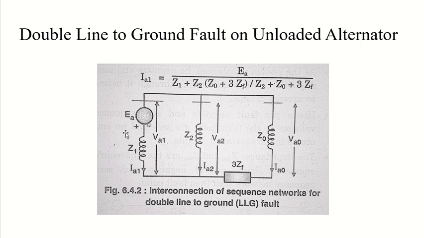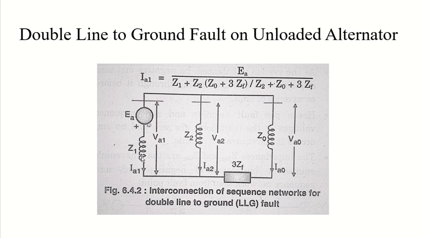You can see we can write the equation for current using Thevenin's theorem or Thevenin's equivalent circuit, and when you do so, your IA1 component will look something like this. I'm not doing the math. You can do it, you can perform it using this circuit and the knowledge of circuit and networks.